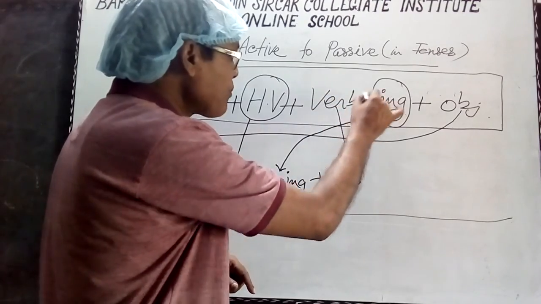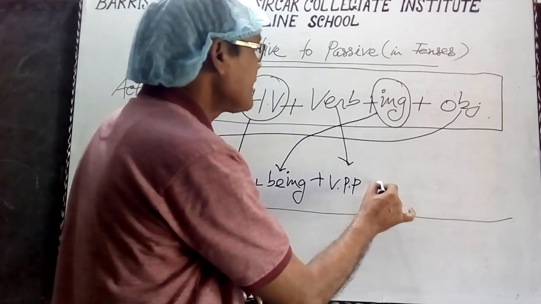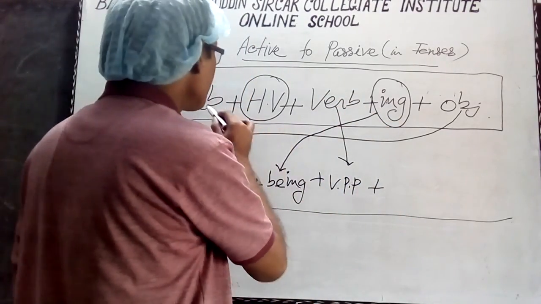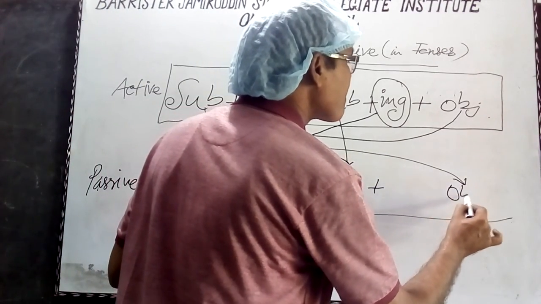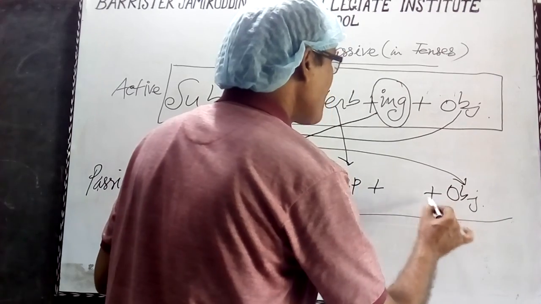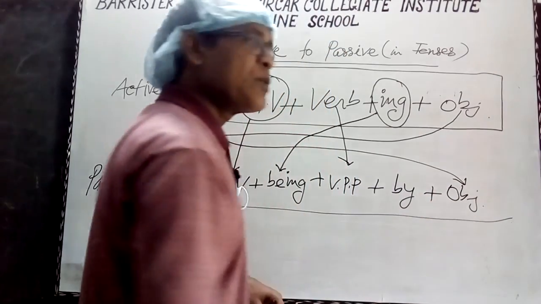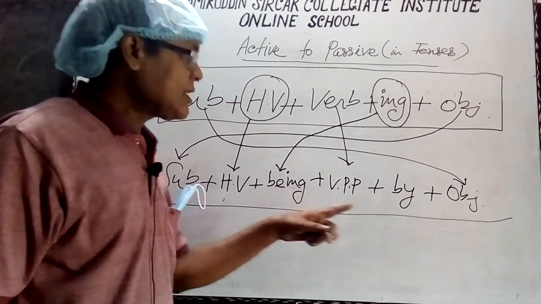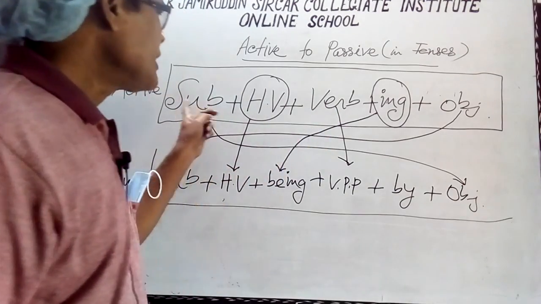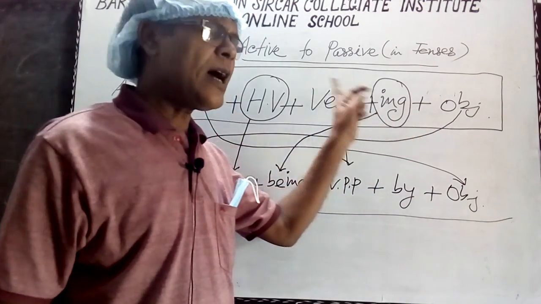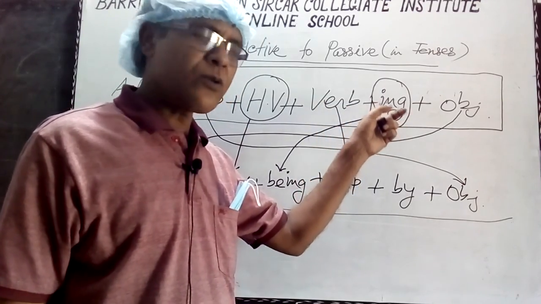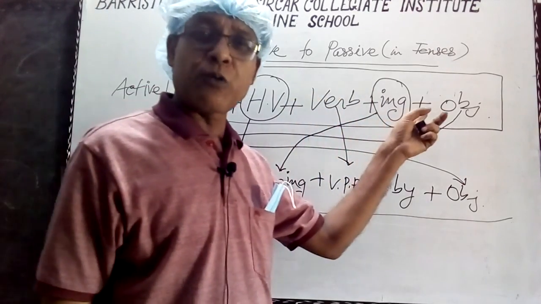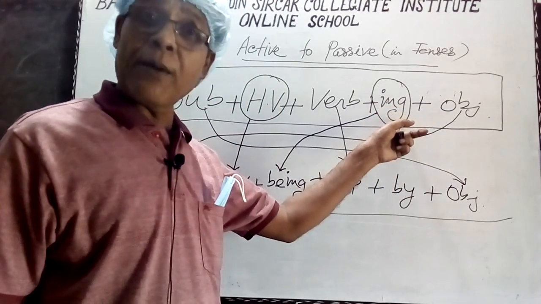Then the main verb will be the past participle form, and then the subject will be the object, and before the object we must put the preposition by. I repeat, this is in the present continuous or past continuous or present perfect continuous, any one of the continuous forms, as there is ing in the verb.